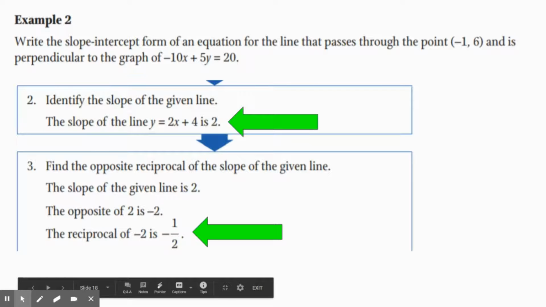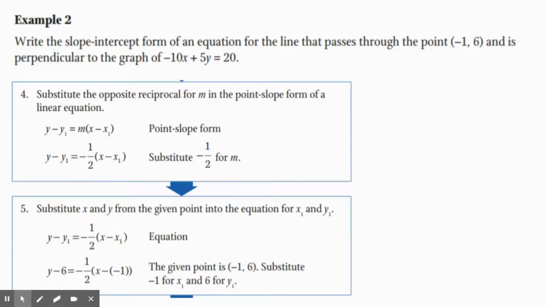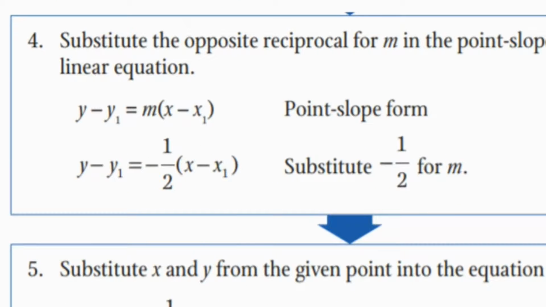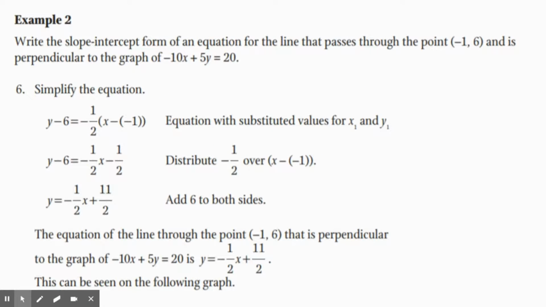Again, opposite reciprocal means that you do the opposite of whatever number you have, and then the reciprocal, flip it. Remember, a whole number is 2 over 1, so it'll become 1 over 2. Then we can substitute it, in this case, into point-slope form. Keep in mind, x minus negative 1 is really going to be x plus 1.